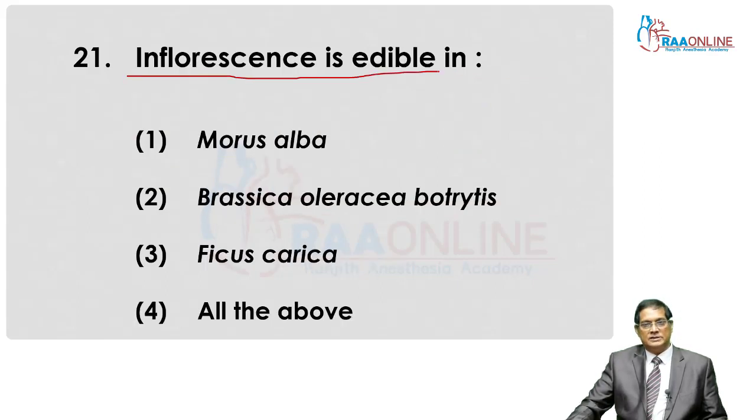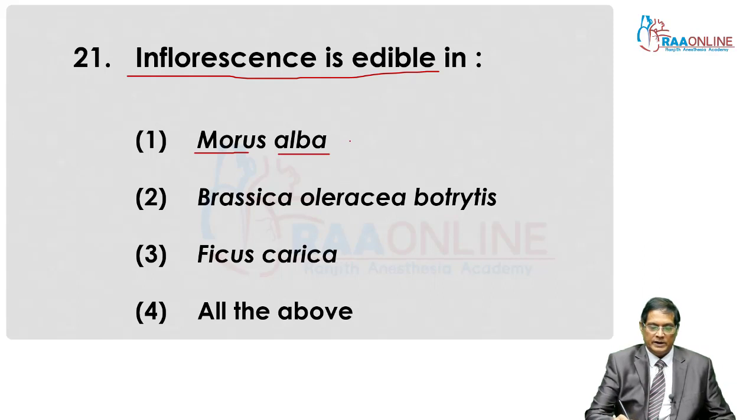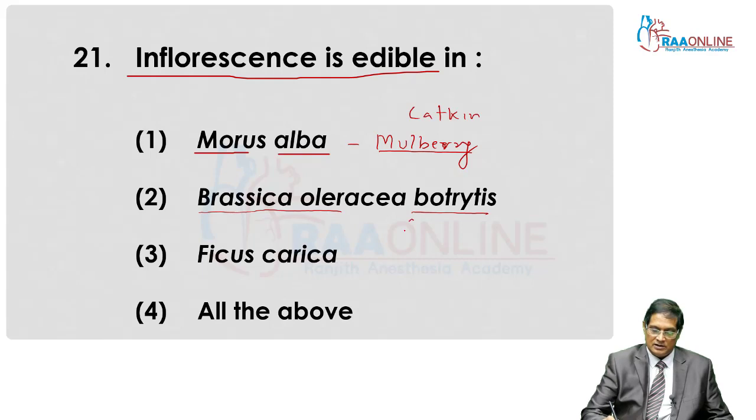Edible inflorescence in all these. Morus alba is the scientific name of mulberry. In mulberry, the inflorescence is edible, and that inflorescence is actually a catkin. Brassica oleracea variety botrytis is cauliflower.